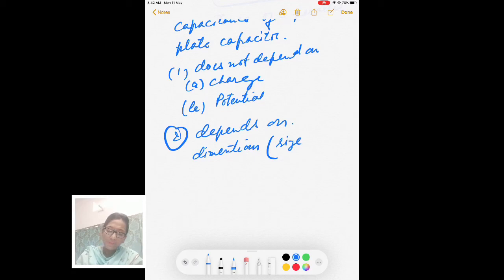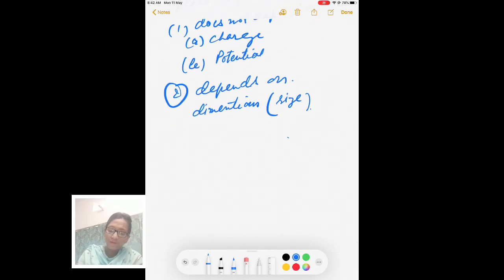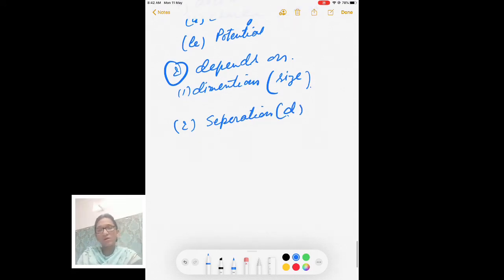And it depends on separation D. And it also depends on the nature of the material kept inside, the dielectric, obviously.